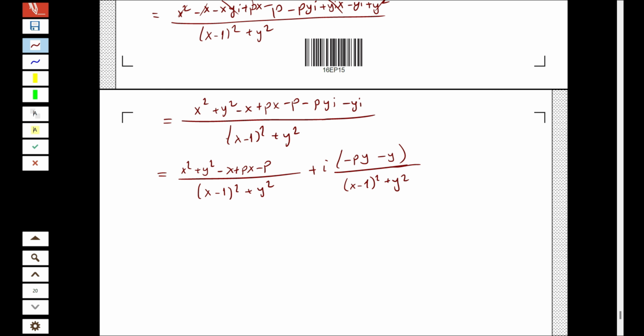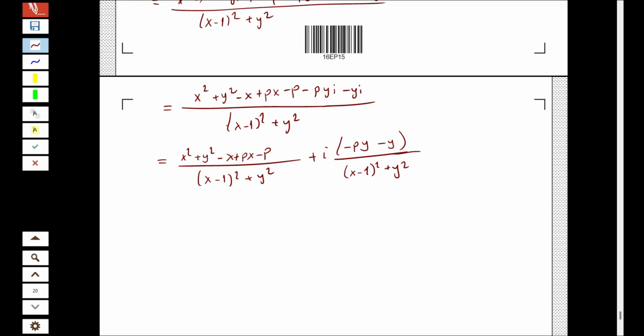So to find tangent pi over 4, I know that this is 1, which means you're going to divide the imaginary part of the complex number by the real part. So the denominator will cancel. I will just write the numerator, minus py minus y, divided by the numerator of the real part, x squared plus y squared minus x plus px minus p.